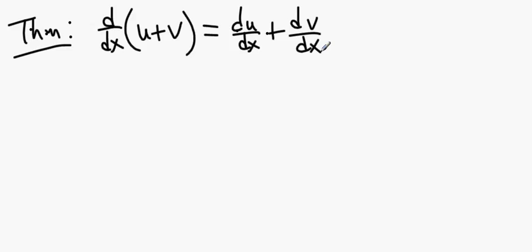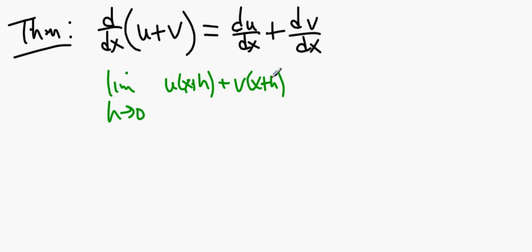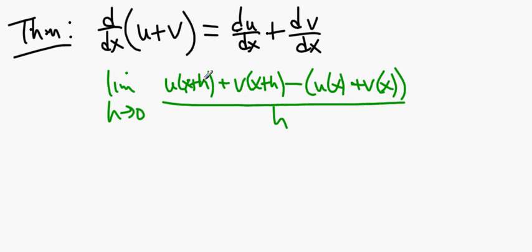If I combine two functions by adding them, I should be combining slopes of tangent lines. This seems reasonable. Take the limit, h approaches 0, our function at x plus h minus our function at x over h.